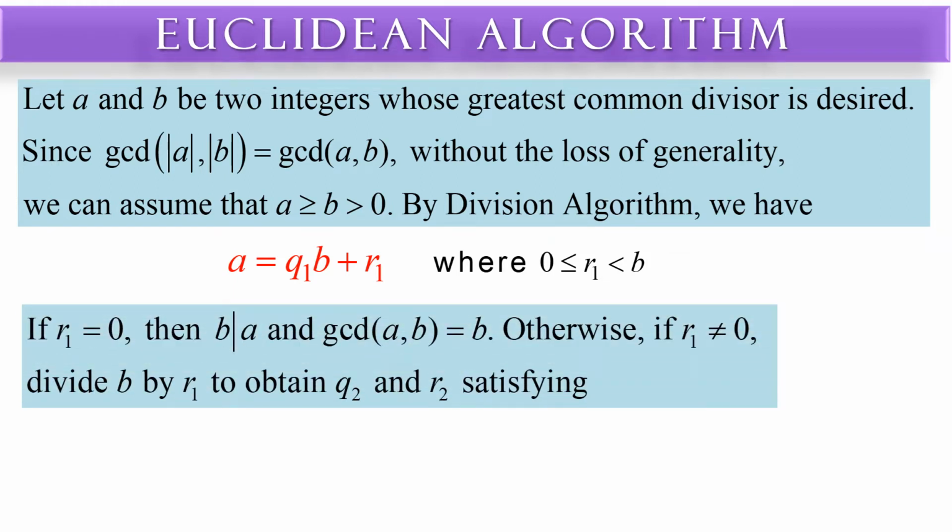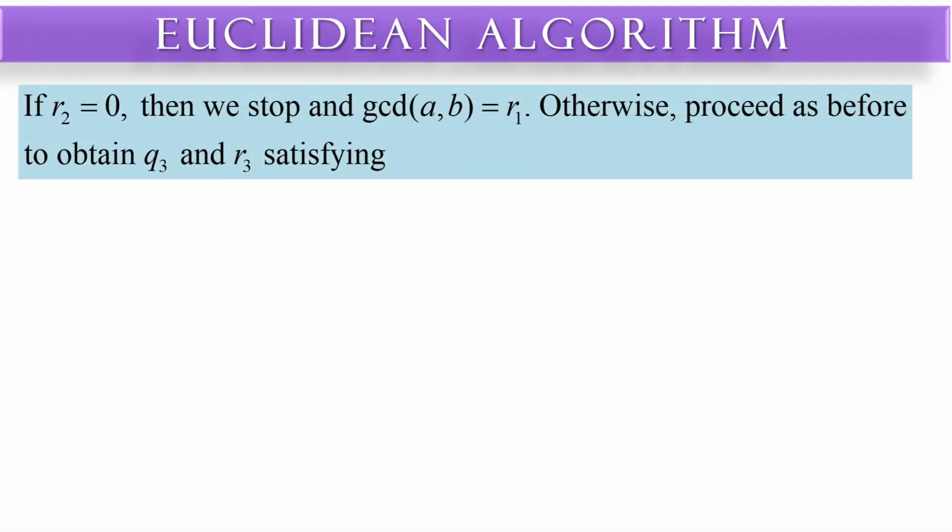If R1 is equal to 0, then B divides A and GCD of A and B is equal to B. Otherwise, if R1 is not equal to 0, divide B by R1 to obtain Q2 and R2, satisfying B = Q2 R1 + R2, where R2 is greater than or equal to 0 but less than R1. If R2 is equal to 0, then we stop, and GCD of A and B is equal to R1.